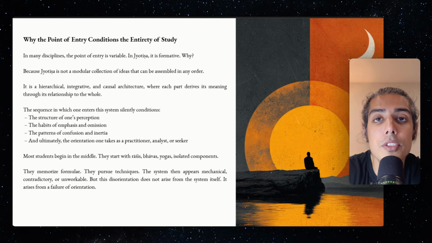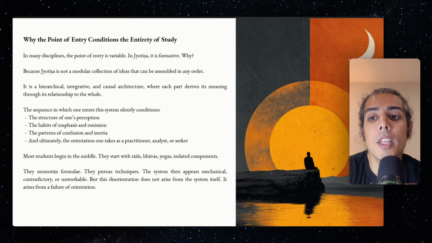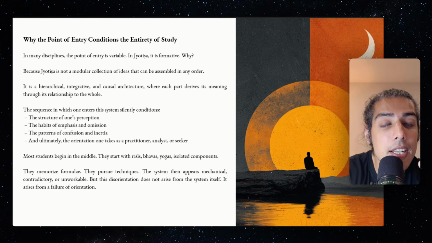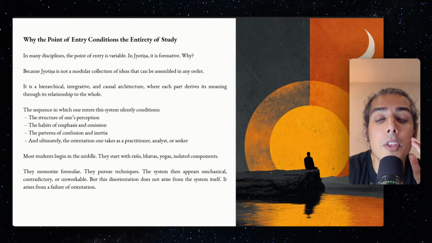What kind of astrologer, Jyotishi one becomes depends on the point of entry. So it's very important to enter with the right kind of orientation, start at the right point. One of the biggest mistakes in Jyotish is to start studying with rāśis. Most students begin in the middle.